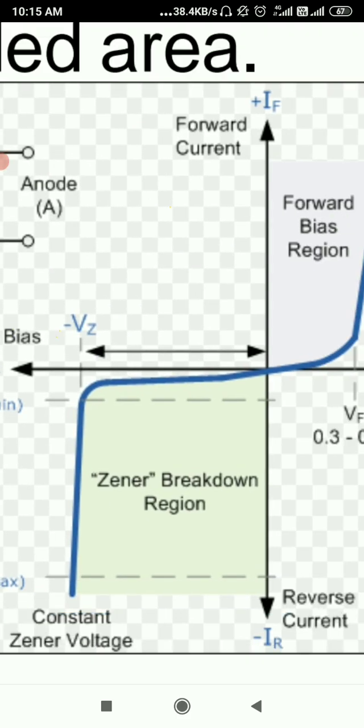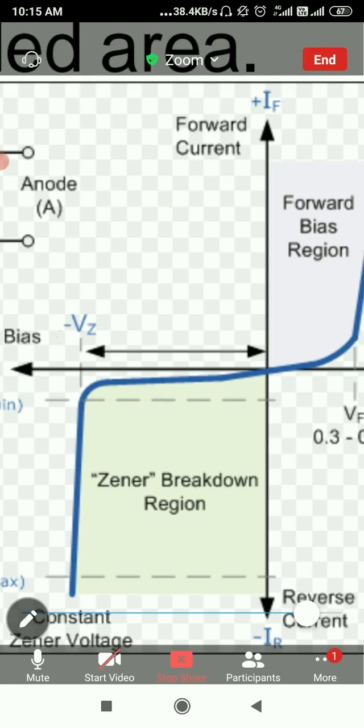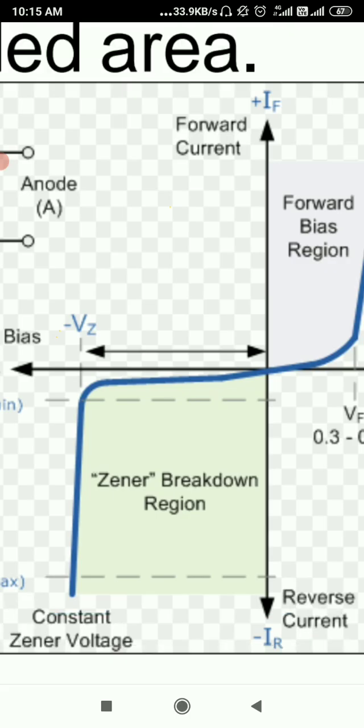What will happen in the reverse bias? What we have seen in the PN junction: when we give reverse biasing, for some time a very small amount of current will flow, and that region we call the breakdown region.